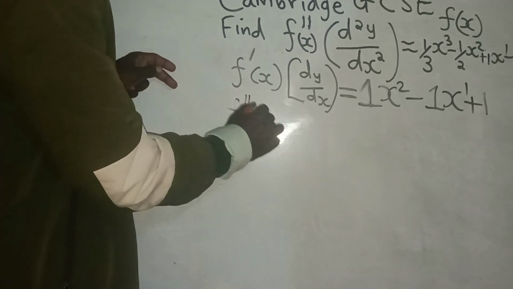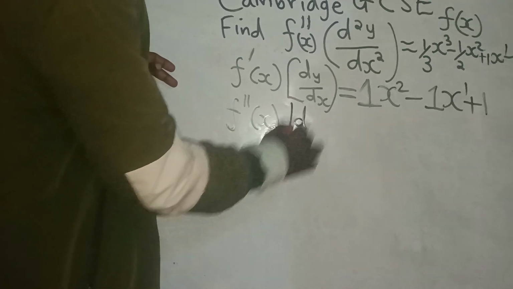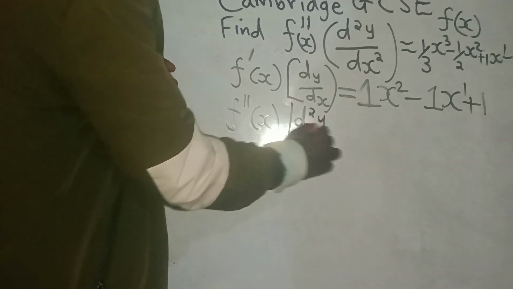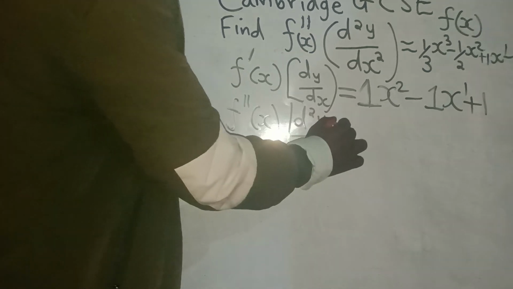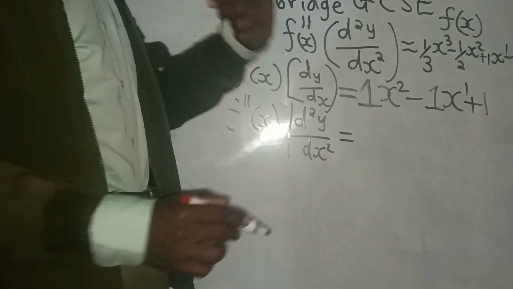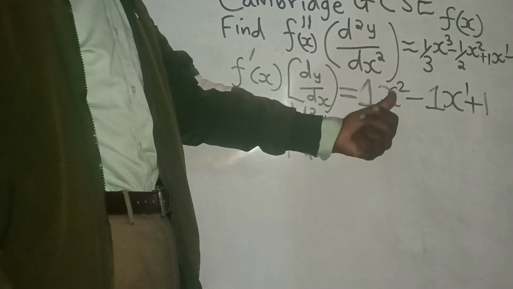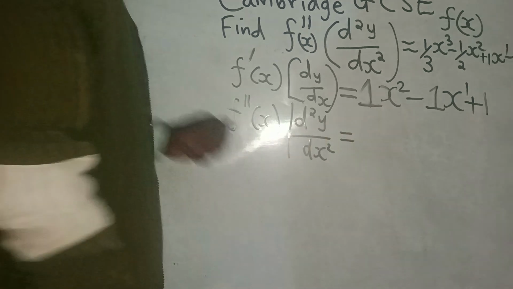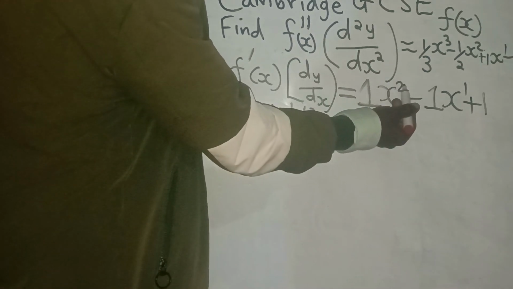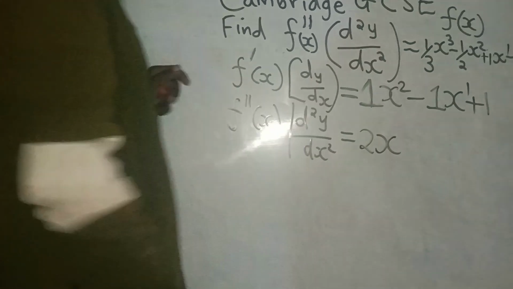So our f2 prime in form of x, or d2y over dx2 will now be equivalent to again differentiating this f prime or this dy dx or this first derivative function or first gradient function. We again take the power and multiply by the coefficient, that gives us 2, we write x.